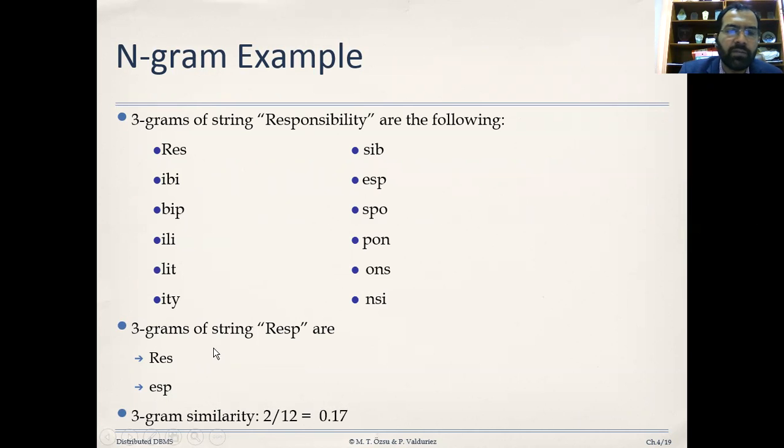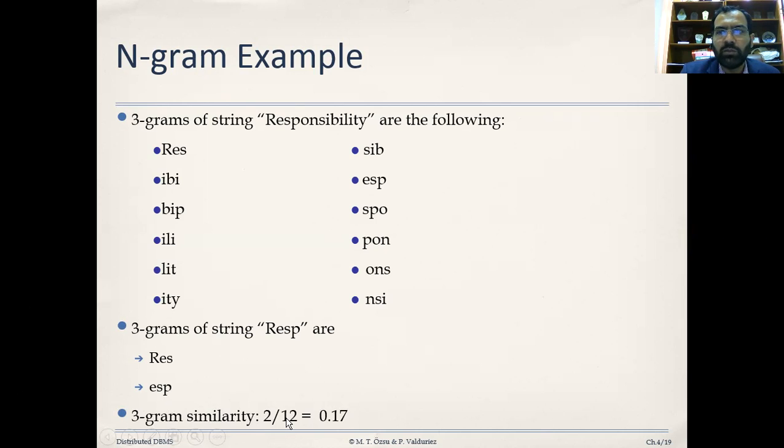So let's suppose we apply the 3-gram similarity here on this particular string, that is RESP, and you can see that only two are possible, RES and ESP. So there are two possibilities, and total possibilities are 12.